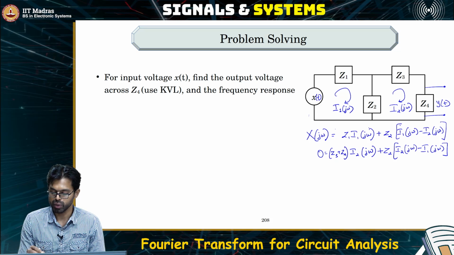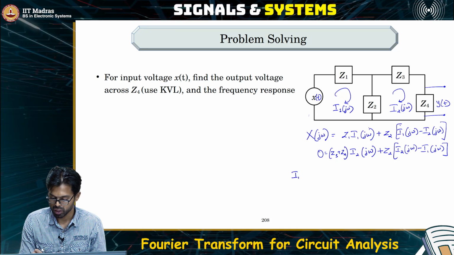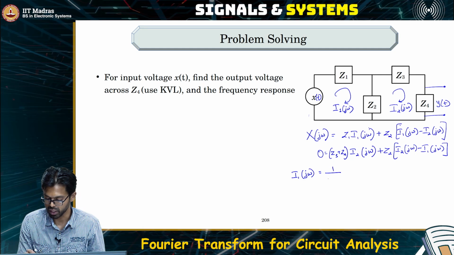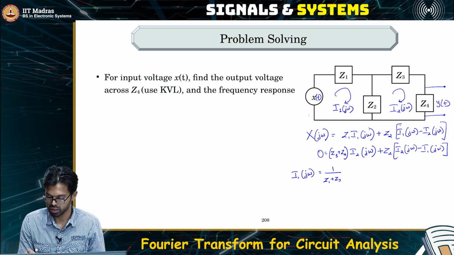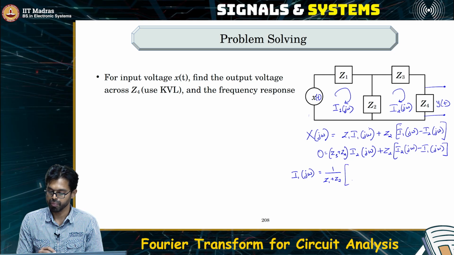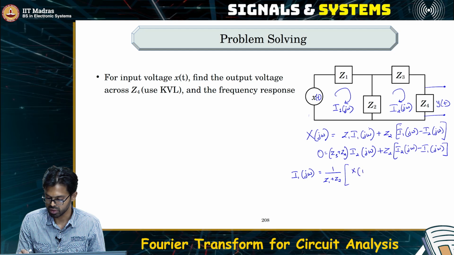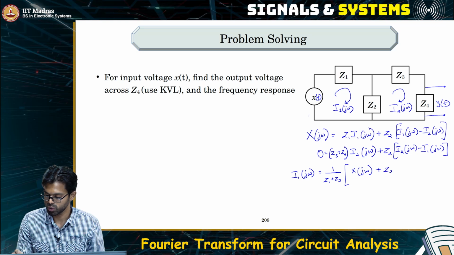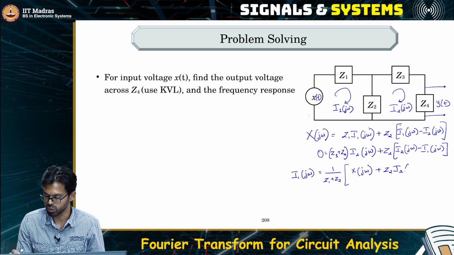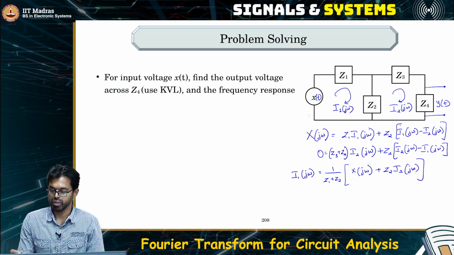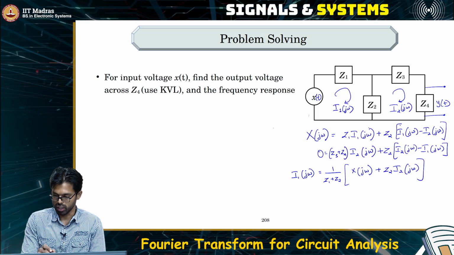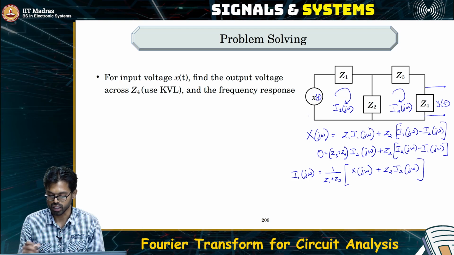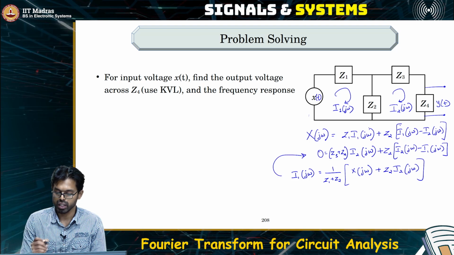We can rewrite equation 1 as I1 of j omega is equal to 1 by Z1 plus Z2 of x of j omega plus Z2 of I2 of j omega. All we have done here is take Z2 I2 to the other side and normalize with Z1 plus Z2 so that we get this expression. Now we can put this back into the second equation.